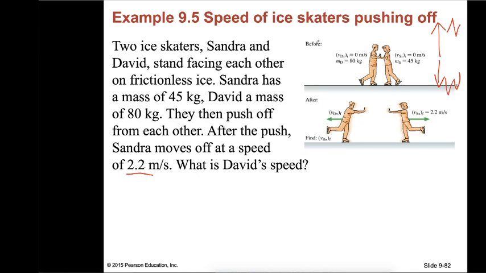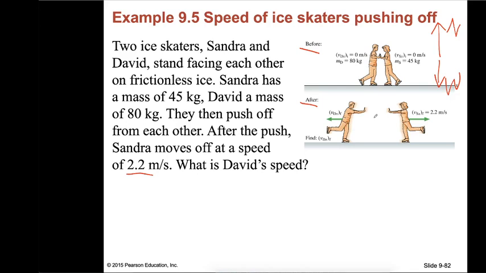Okay, now let's see the initial and final states. In the initial state, they have zero speed. Then the initial momentum for the whole system is zero. After the push-off, the push-off force is an internal force.